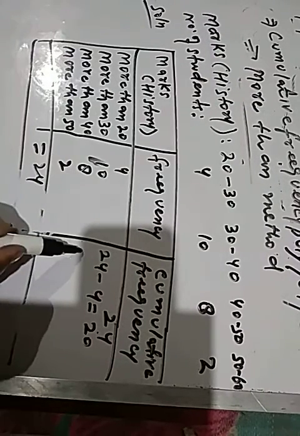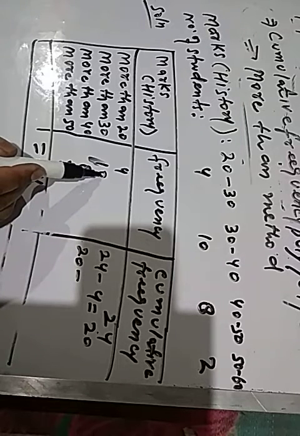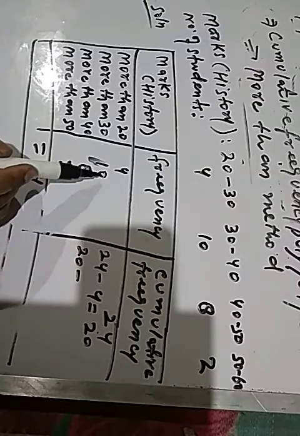Now from this 20, we have to subtract the next, the succeeding frequency, that is 10. It will be 10. And from this 10, we have to subtract the succeeding simple frequency, 8. 10 minus 8 will be equal to 2.